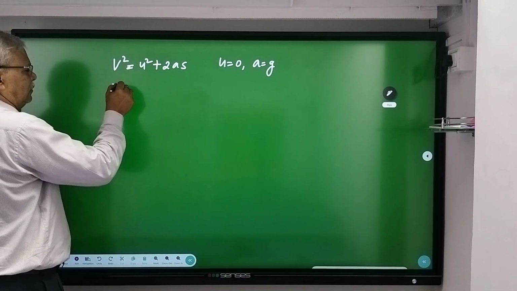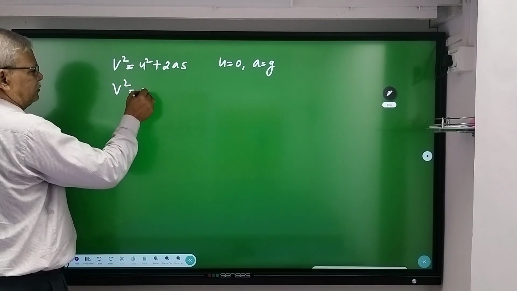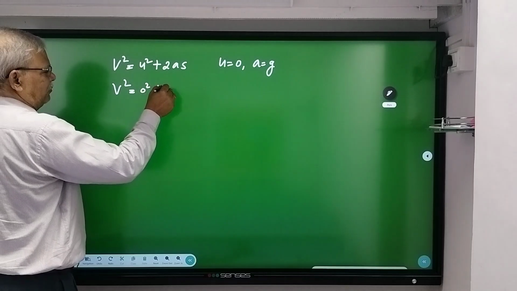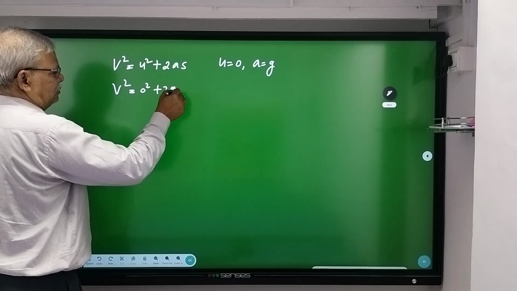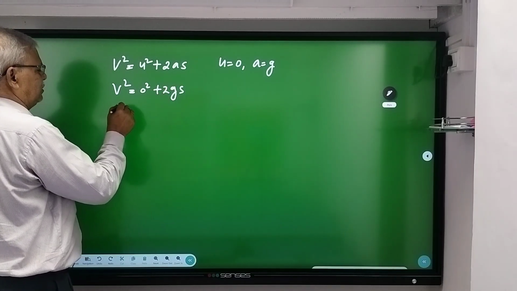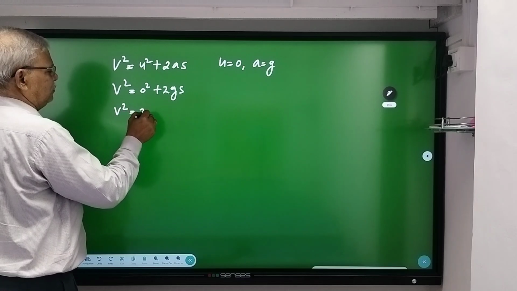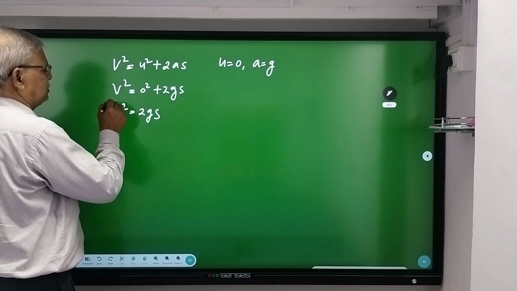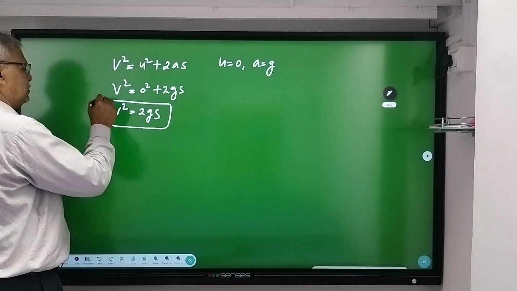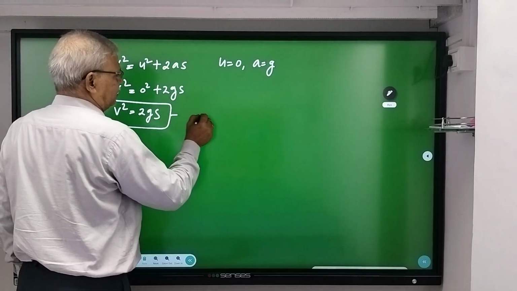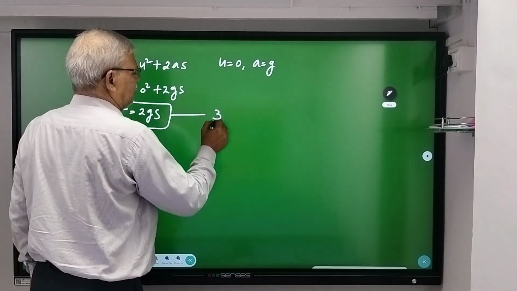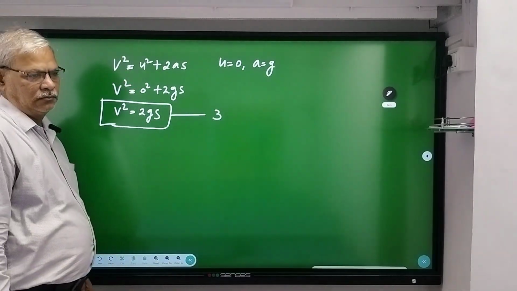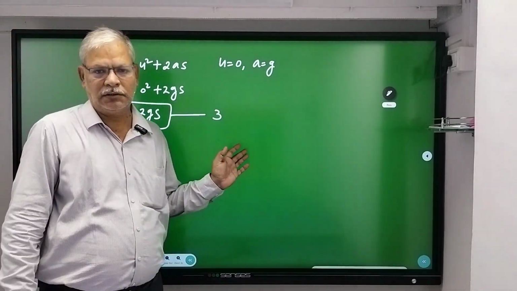Therefore, v² = 0² + 2gs. It means v² = 2gs. This is the third equation of motion for the freely falling body. Okay, understood?